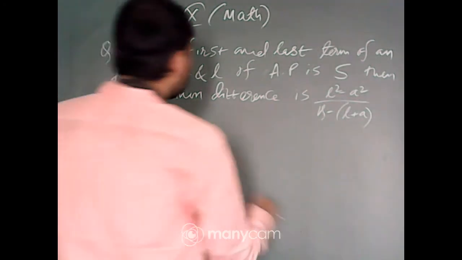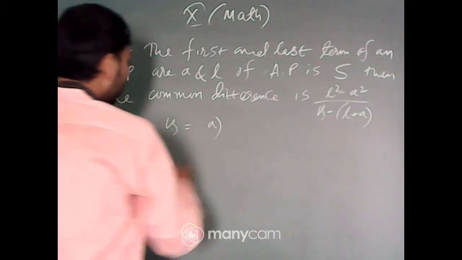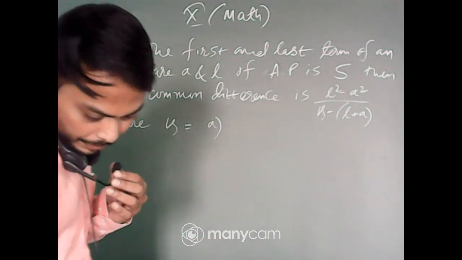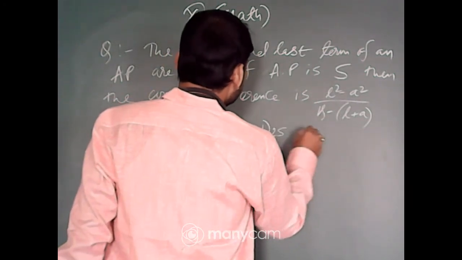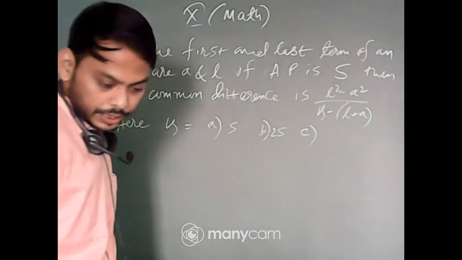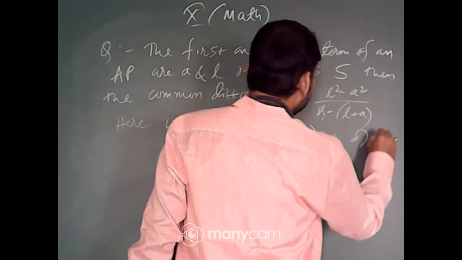Here K equals to? Option A S, option B 2S, option C 3S, option D none of these.